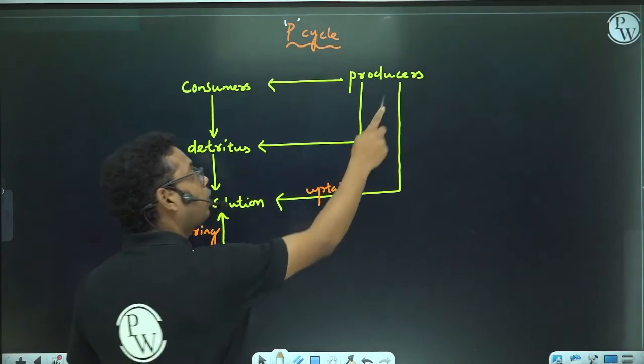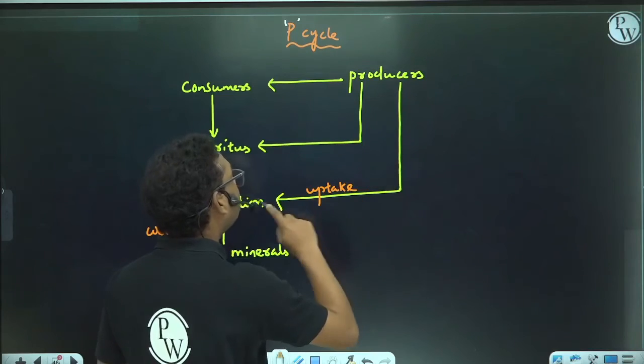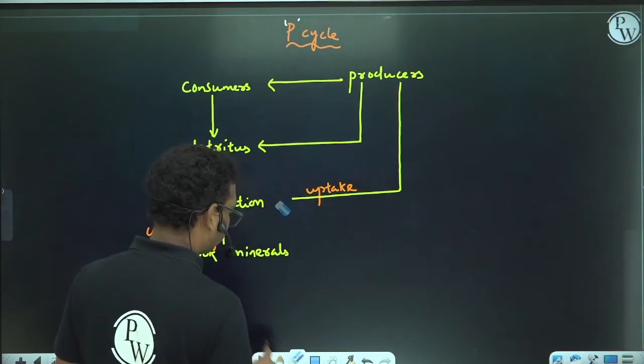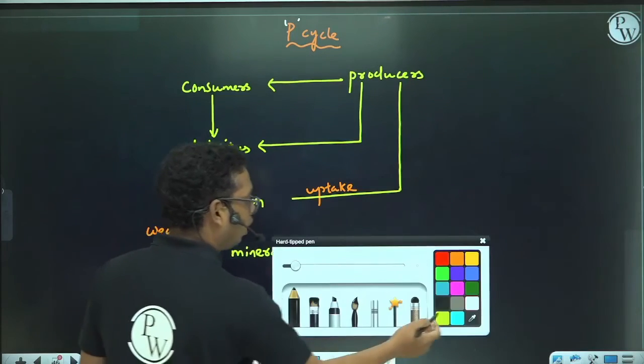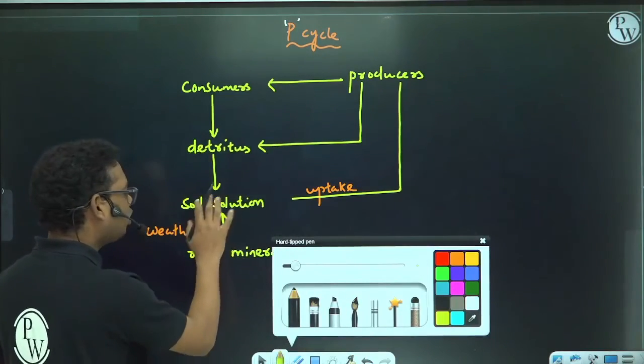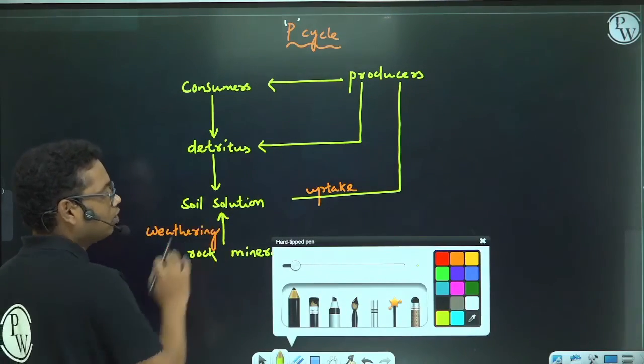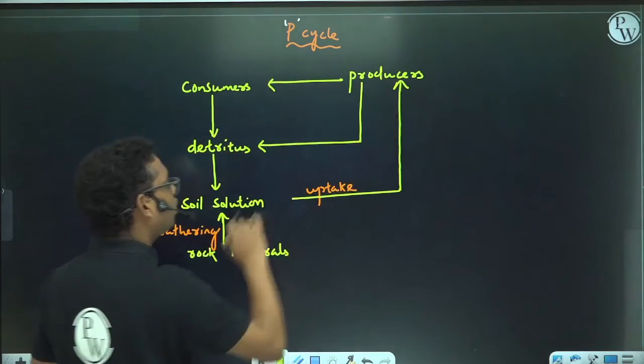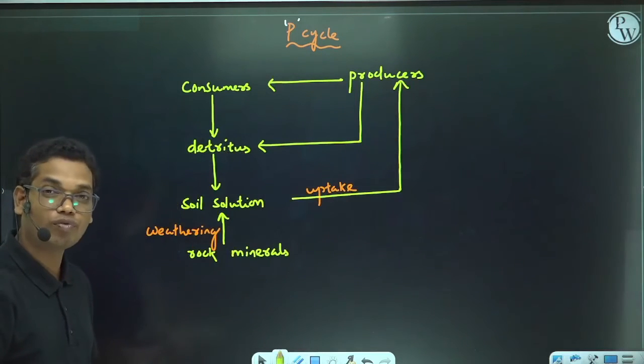Okay, and now from the soil solution, the producers will take up the phosphorus in the form of phosphate.